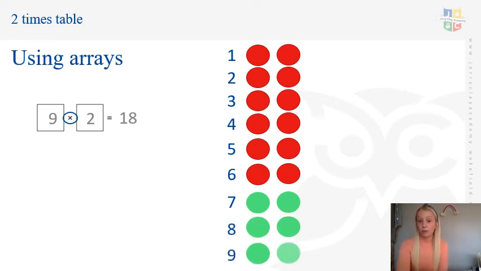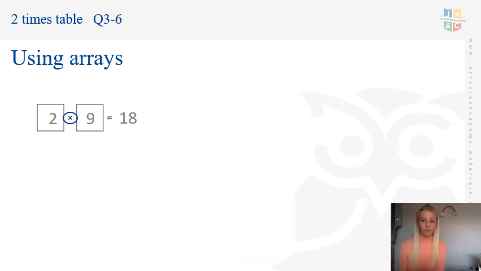And 9 groups with another 2 in. So see, I needed 9 groups of 2. I only had 6 groups, so I drew 7, 8, 9 to make 9 groups and added 2 more in each group. So sometimes they might try and trick you by not doing enough groups, but you can simply draw and add them on.